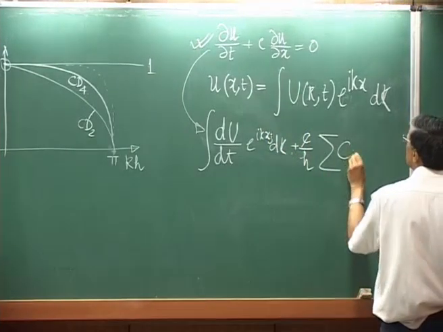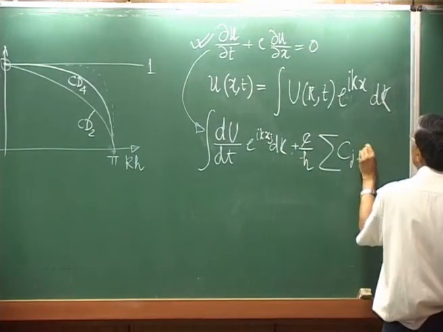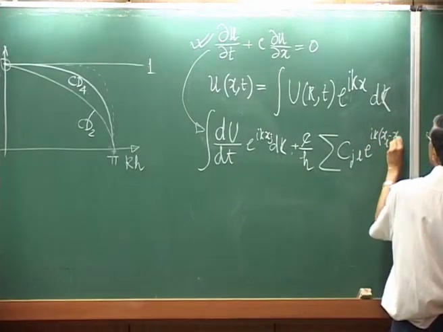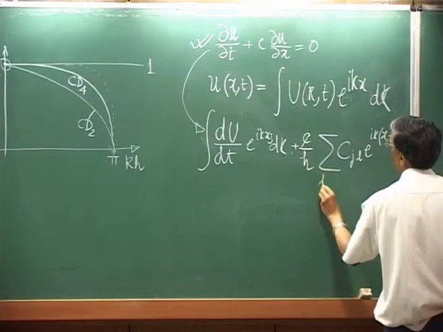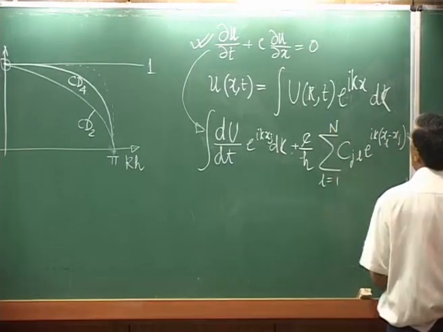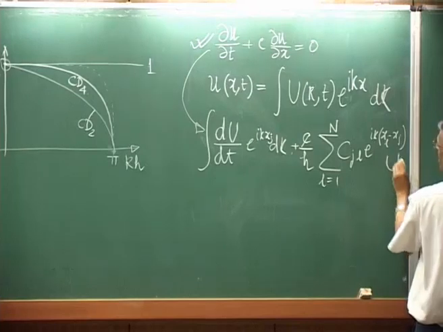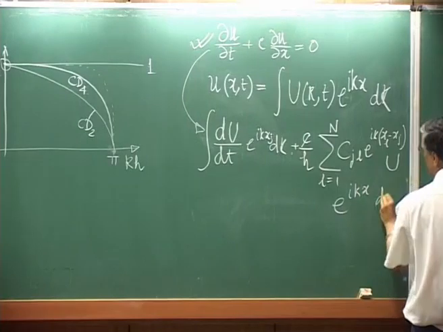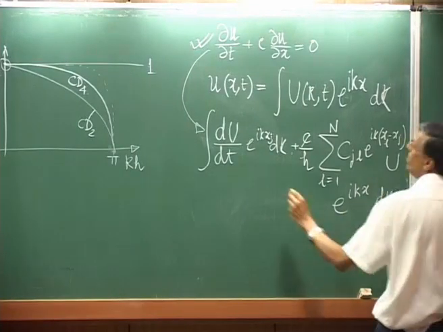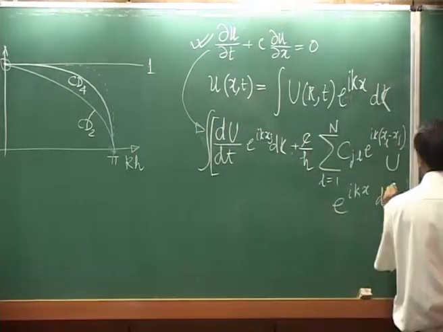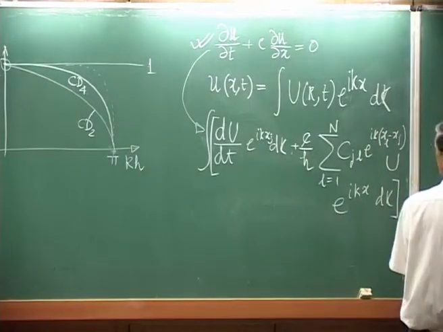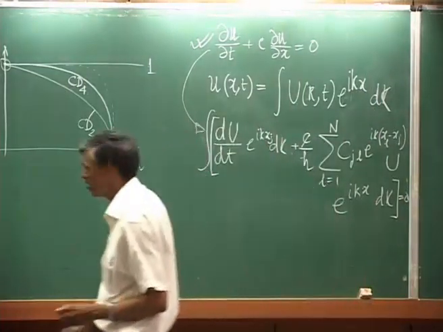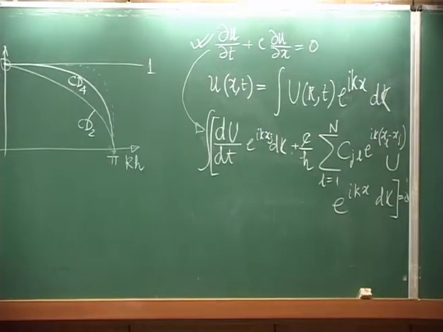I will write c_jl e to the power ik(x_l minus x_j), where l goes from 1 to n, and this multiplied by u, and of course, the phase part remains as it is. So, basically this is what we are getting from here to here via this spectral representation.